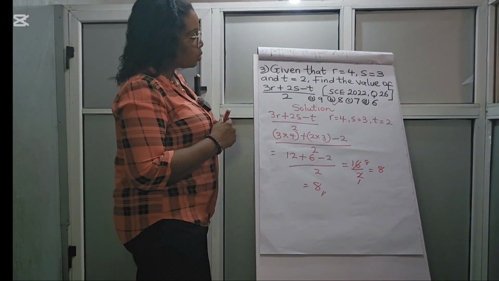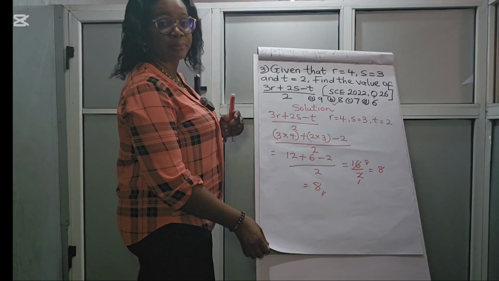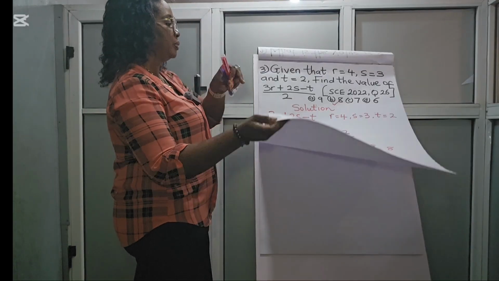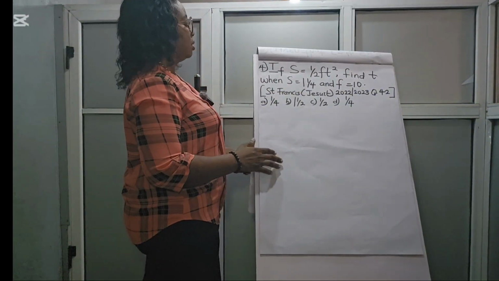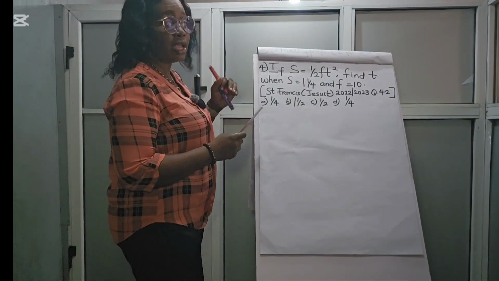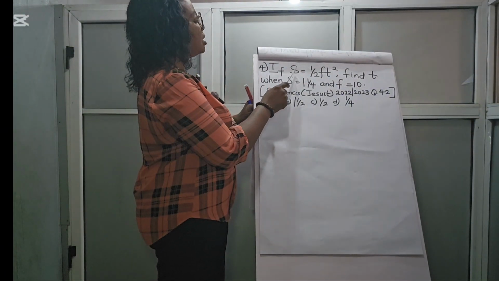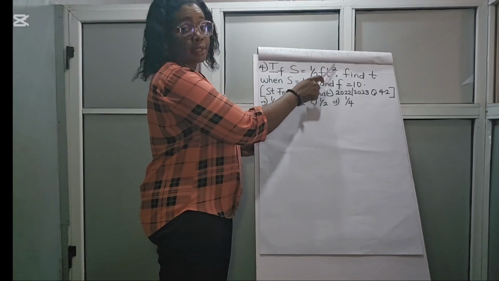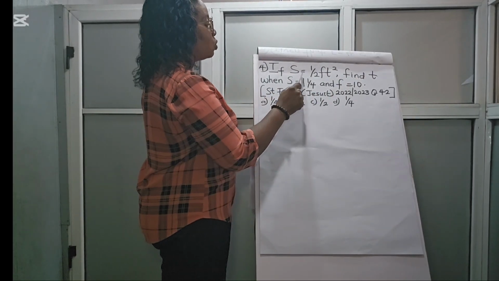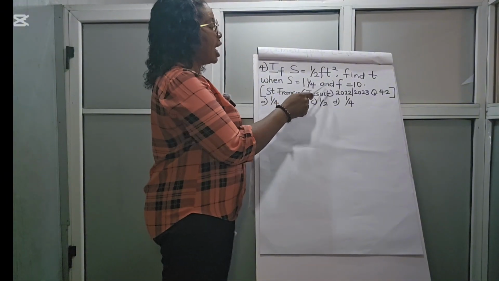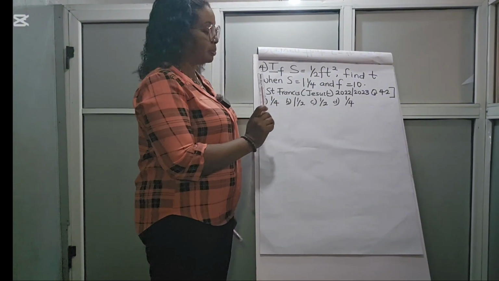Yeah. So we move on to question 4. Question 4 says, and I read, if S is equal to half ft squared, find T when S is equal to 1 whole number 1 over 4 and F is equal to 10.